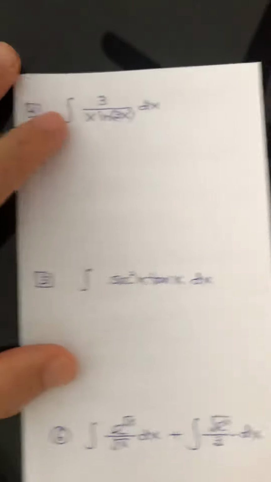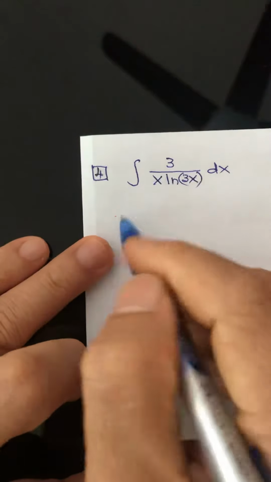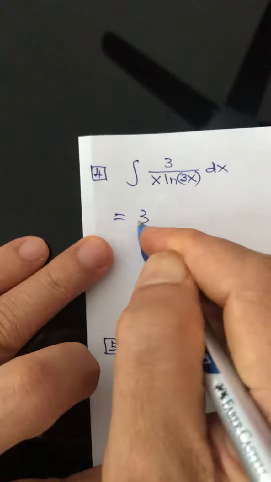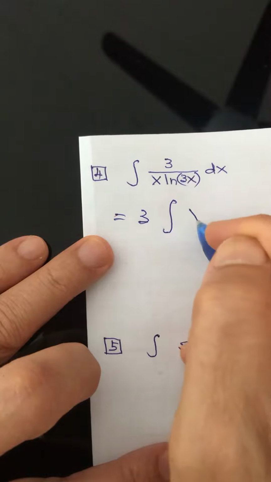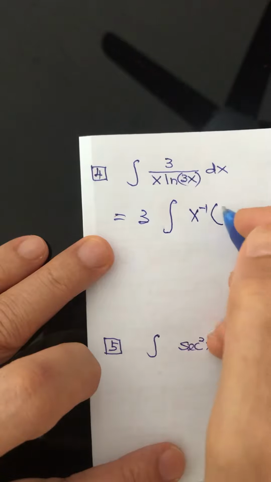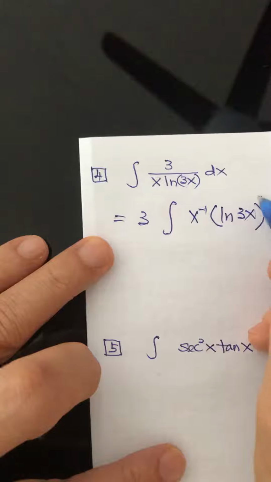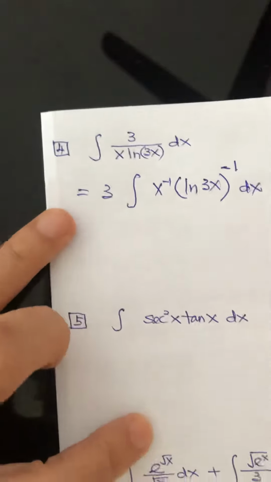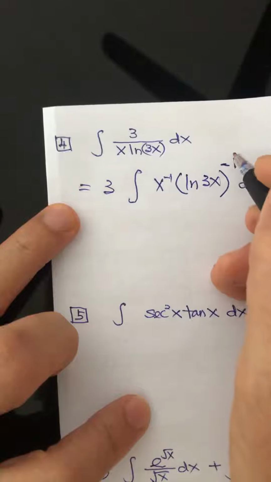Look at this one. What we have to do, I told you already, whatever constant you have, you just bring it out, take it out. And then here I have x^(-1) (ln 3x)^(-1), you see, and then negative 1, am I right? See, negative 1. So which function are we going to integrate, are we going to change?